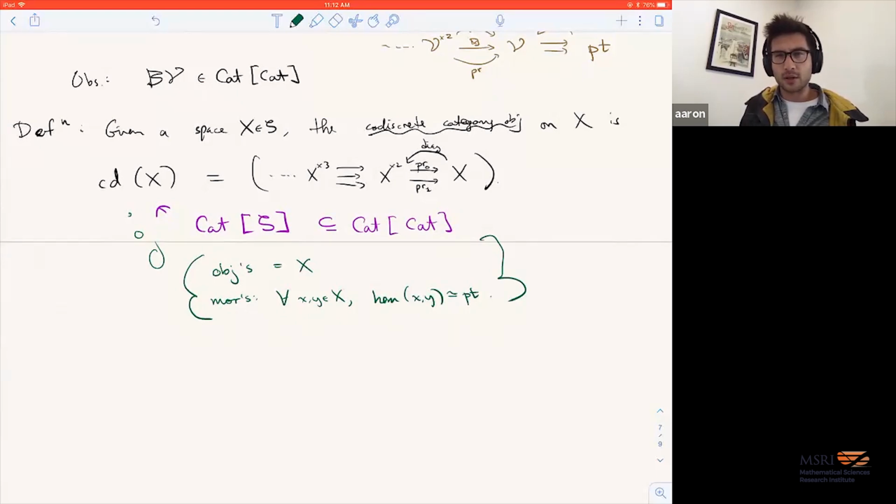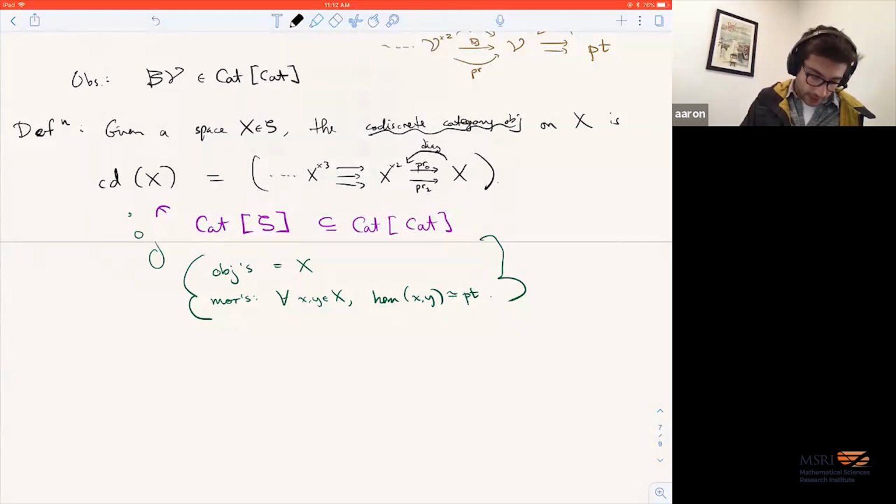So, you know, there's a classical construction. If you have a set, you can construct a category out of it, which is like a contractible category, and there's one isomorphism from every point to every other point. This is the exact same thing, only for infinity groupoids rather than zero groupoids.